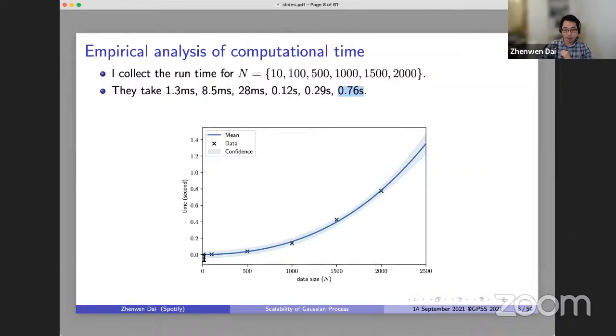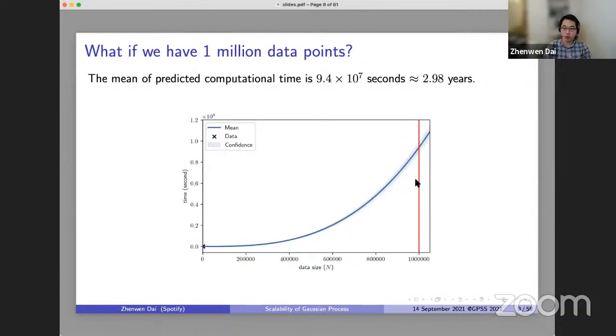And then we can see these points are quite nicely aligned, even though these are actually profile results from my laptop. It is still quite nicely aligned with a cubic scaling curve. And with such a fitting, what can we do? We can use our meta Gaussian process runtime prediction function to predict what if we go to a crazy number of n. How long will it take?